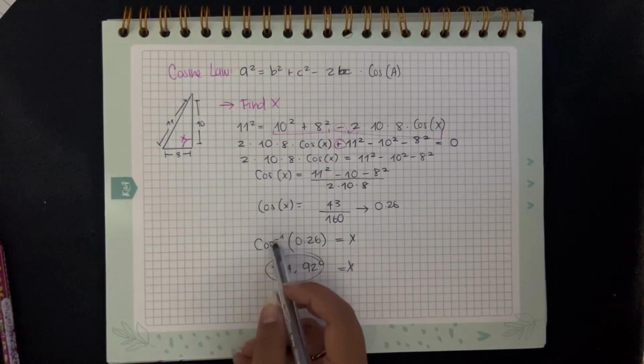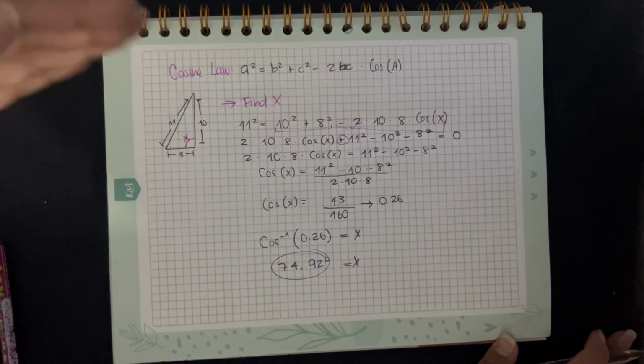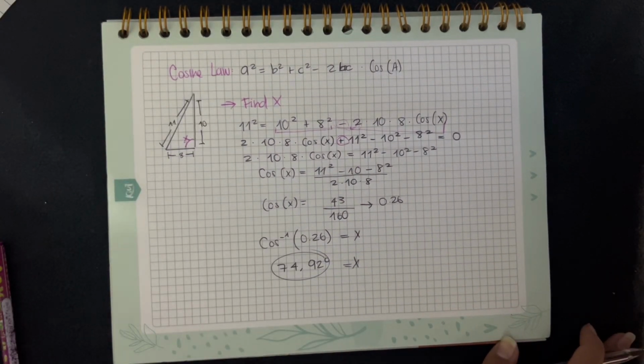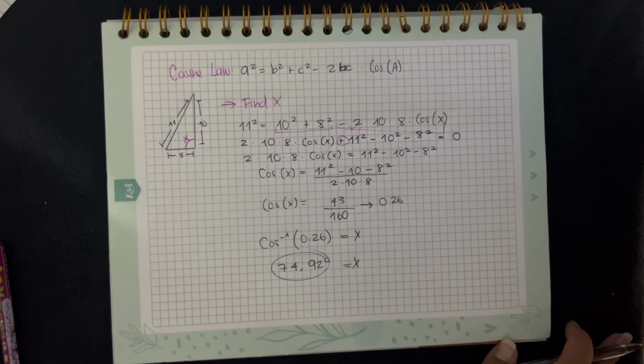Remember to put the arc of cosine in the calculator. It's shift cosine, and it's better if you write it exactly as you see it, not to get confused or make mistakes in the process.